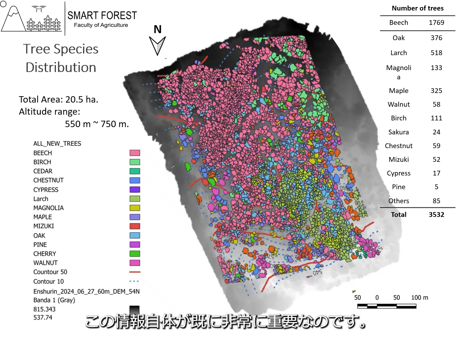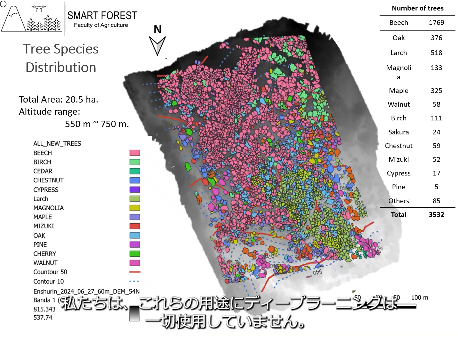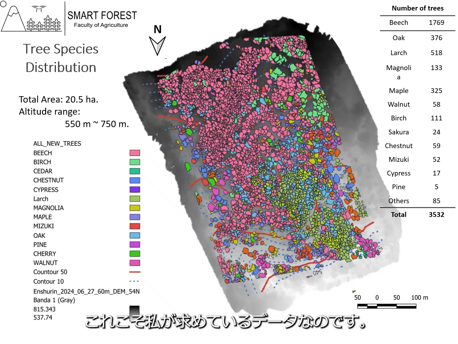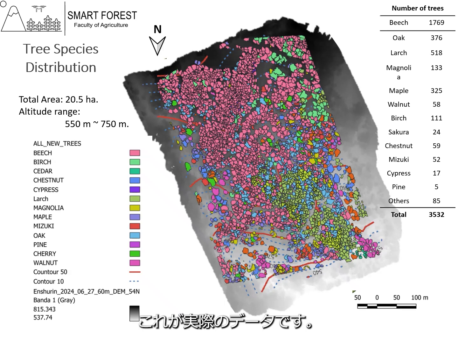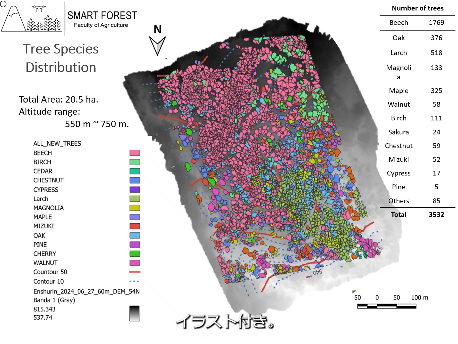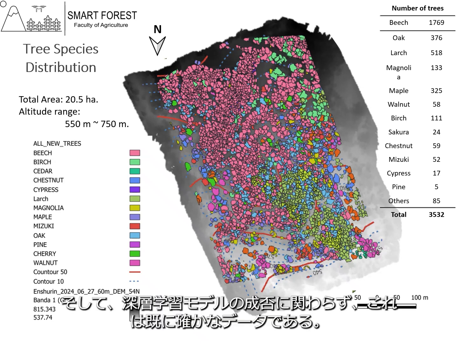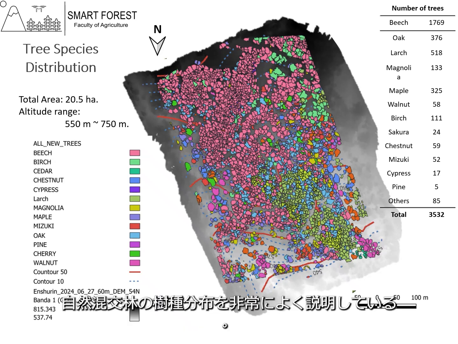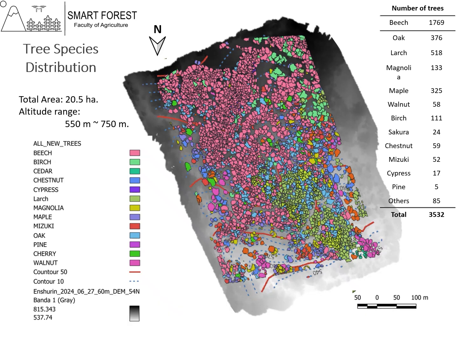This information by itself is already very important. We are not using any deep learning for this. And from my point of view as a forest researcher, this is the data that I want. This is the real data. These are trees that we have identified with drone images. And regardless of the success of the deep learning model, this is already hard data. And this already explains very well the distribution of tree species in a natural mixed forest in Japan in a temperate region.